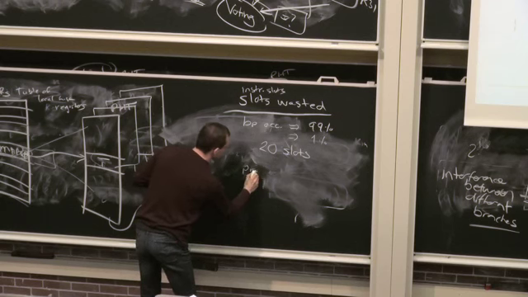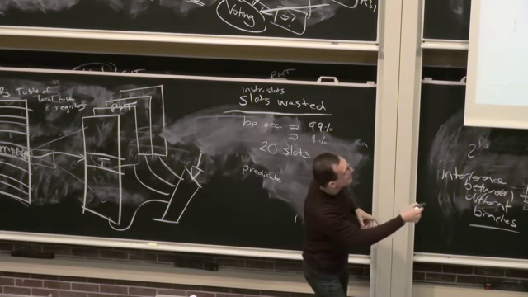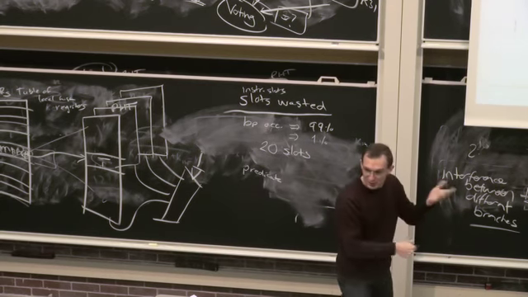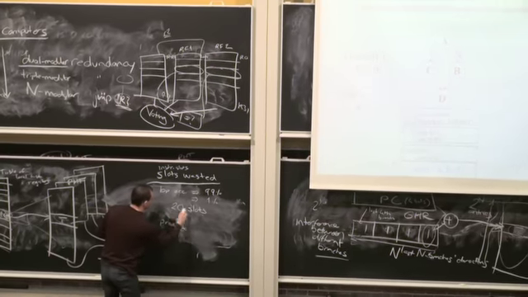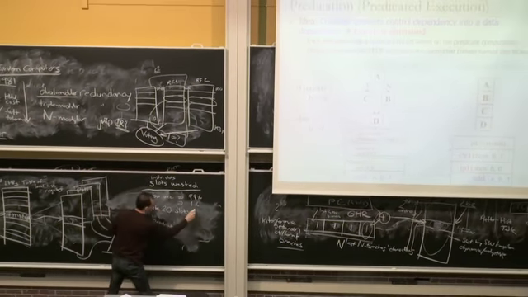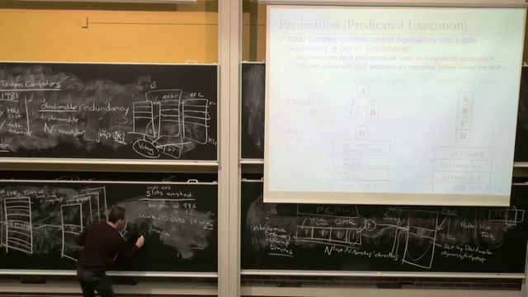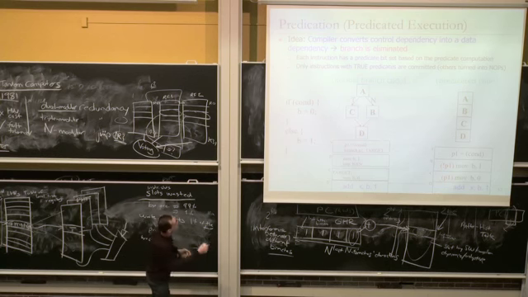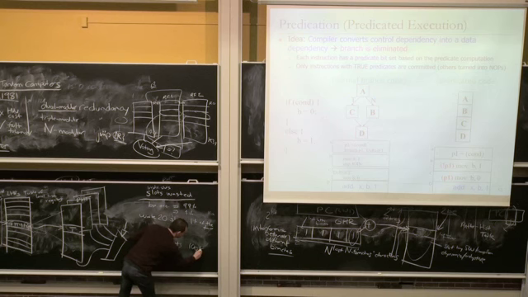If you predicate this code, now you have to look at how many instructions you're really wasting. Let's say you have 5 instructions under B. That's 5 instructions 100% of the time.